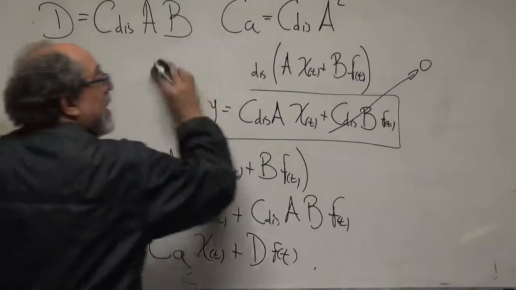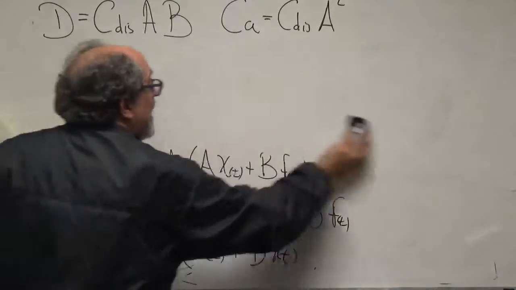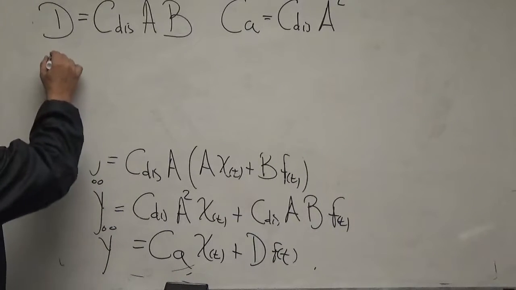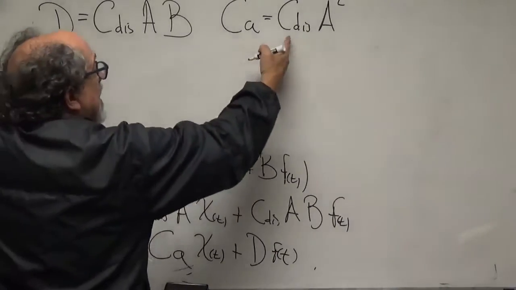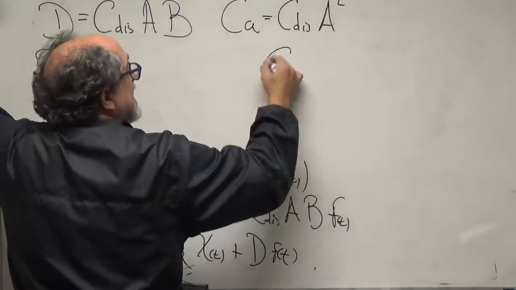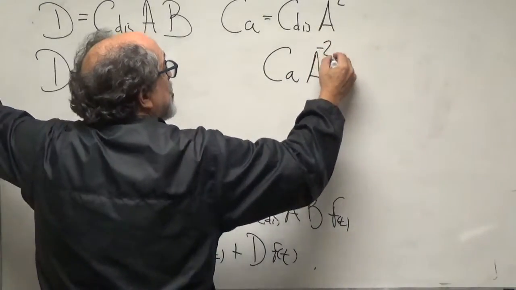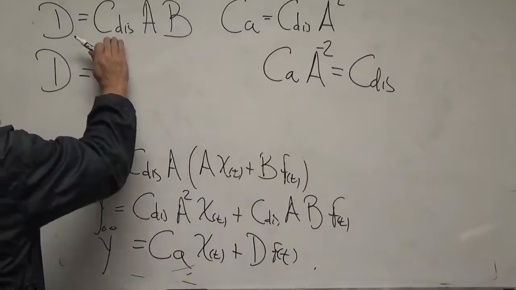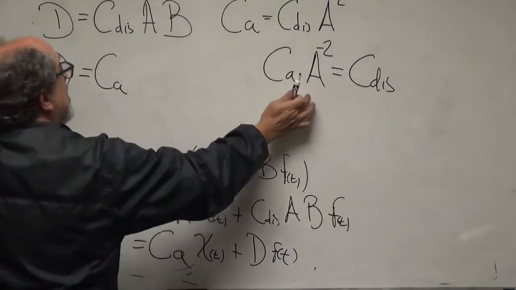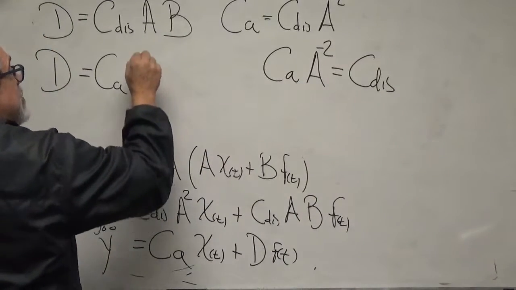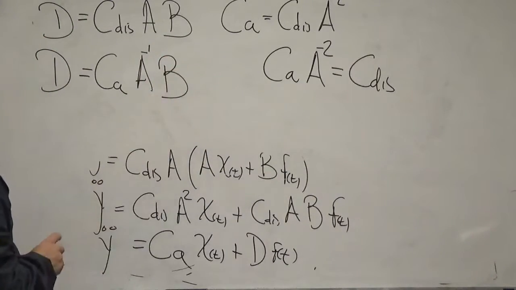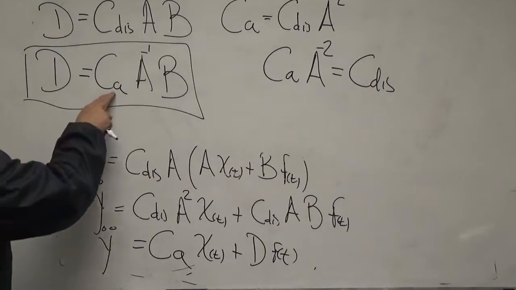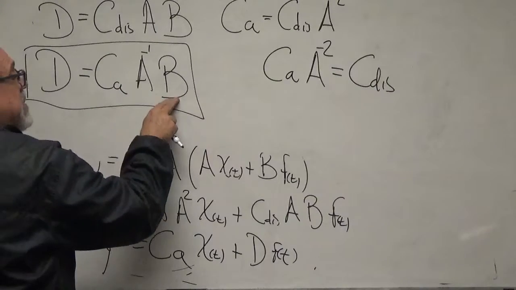That just means that from here I can say that C acceleration times A to the minus 2 is equal to C displacement, right? Therefore, plugging in here, instead of C displacement, I can put C acceleration times A to the minus 2, which times A is A to the minus 1 times B, right? And now I have an equation for D in terms of the measurements that are accelerations and in terms of the A and the B.